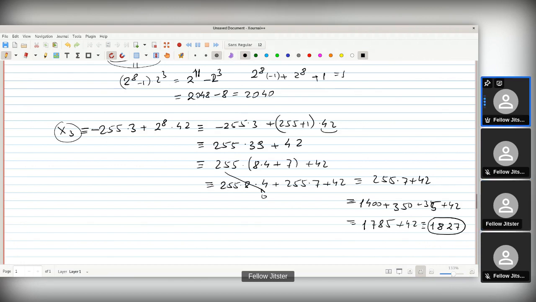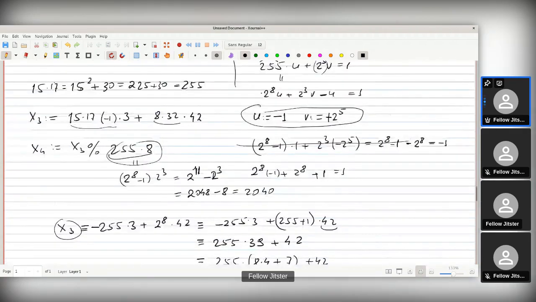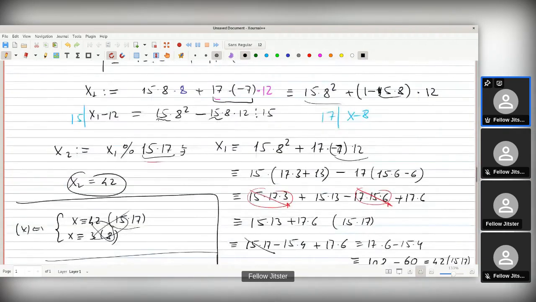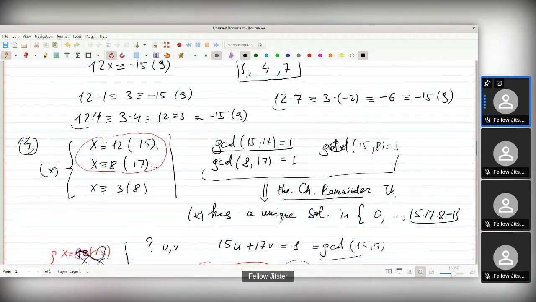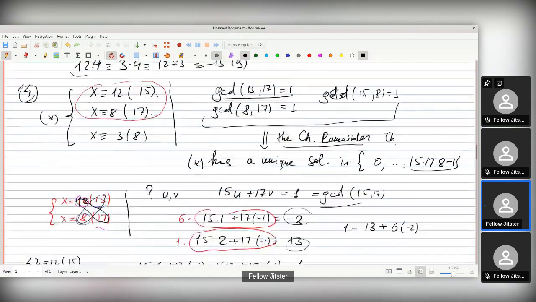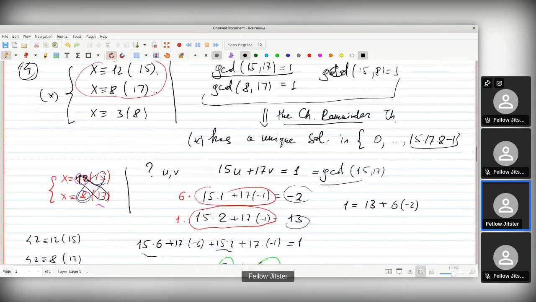This is a solution and you can check it directly. There are no other solutions according to the Chinese remainder theorem. Is it clear? So to the whole congruence star, we have the unique solution, which is 1827.